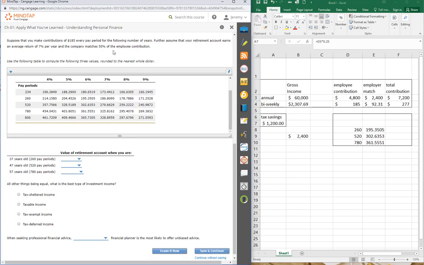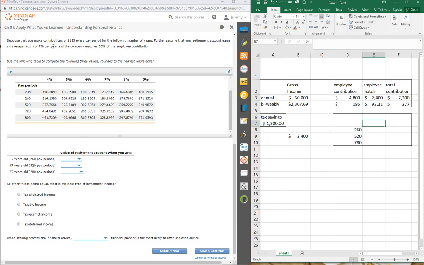Then moving on to the next section, we make an assumption that I make contributions of 185 every pay period, and it's going to give me an example of a number of years. I'm also assuming that my retirement account earns an average of 7% per year. I'm going to delete these numbers because they came from an earlier set.